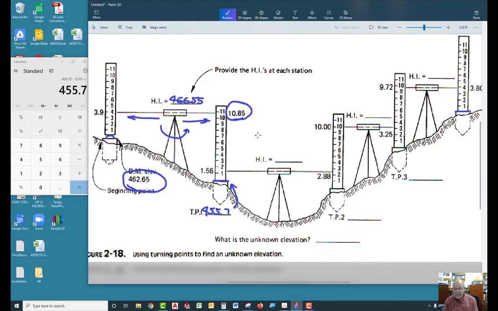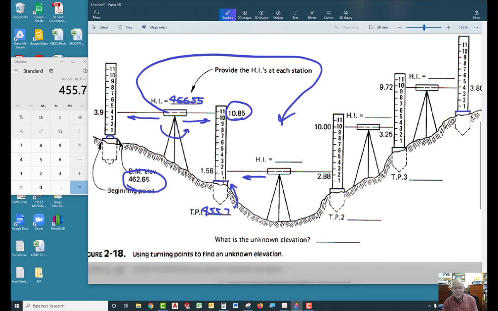Now we're using that number to get this. This number comes from the next site where we take the surveying tool and we just carry it over and we put it over here instead. Now looking back for a back sight, we see the number 1.56. That 1.56 is how much higher the surveying level is than the benchmark that it's sitting on.